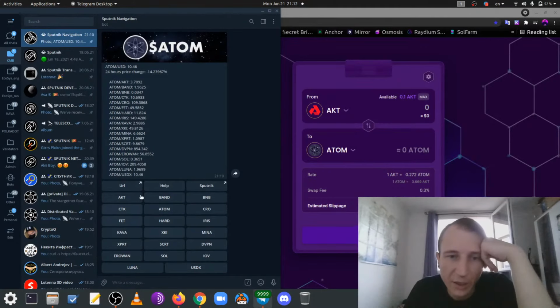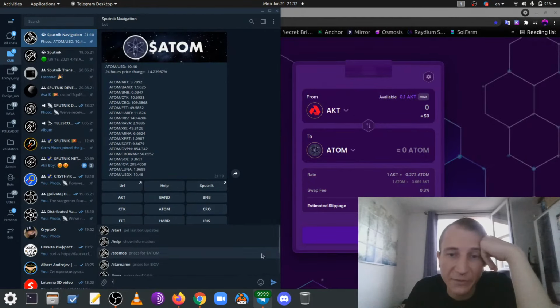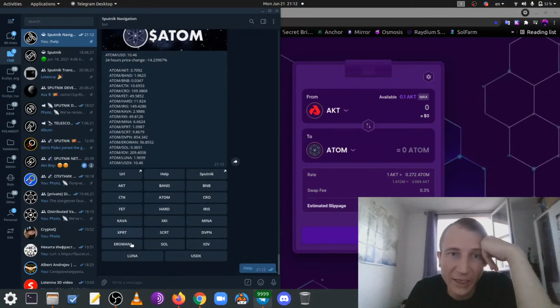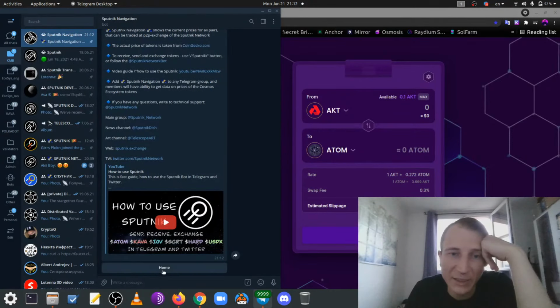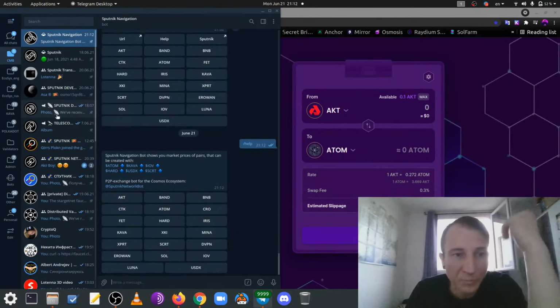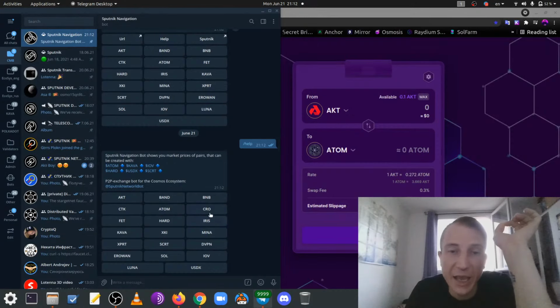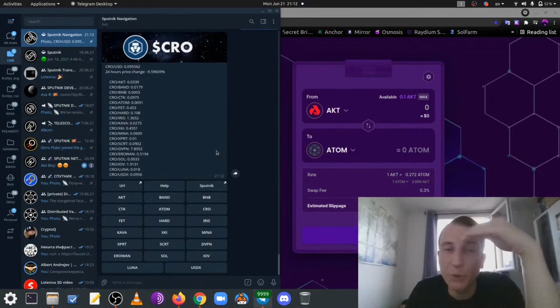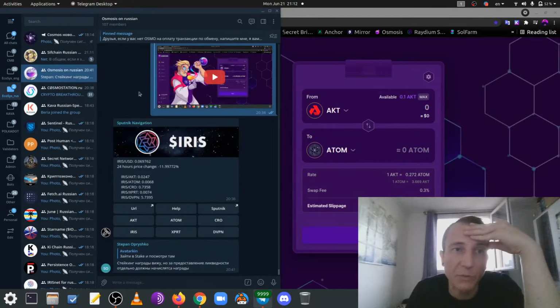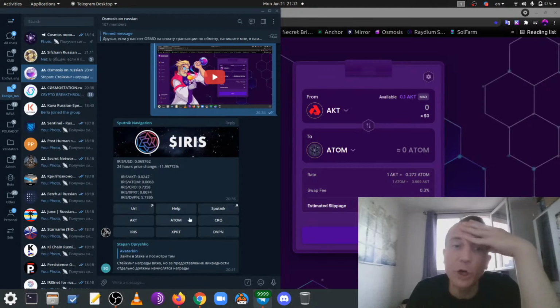Second moment, you can see here a lot of different tokens, like 20 different tokens. You can click on help and find some information about it. Every admin in every group can program this bot. For example, in the Russian-speaking community of Osmosis, we programmed the bot just to show us all tokens that are on Osmosis.